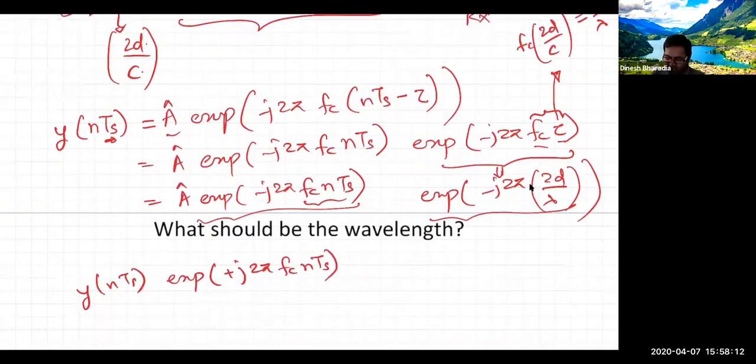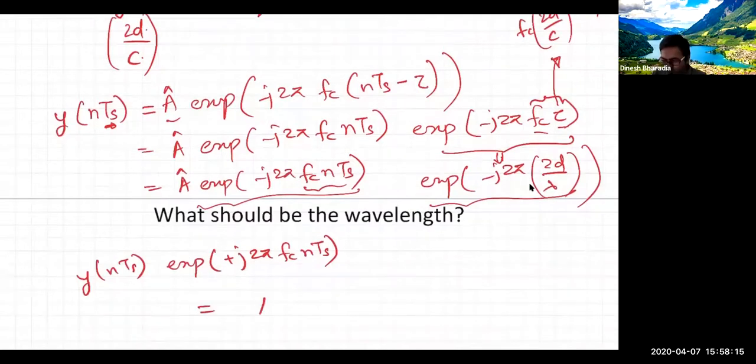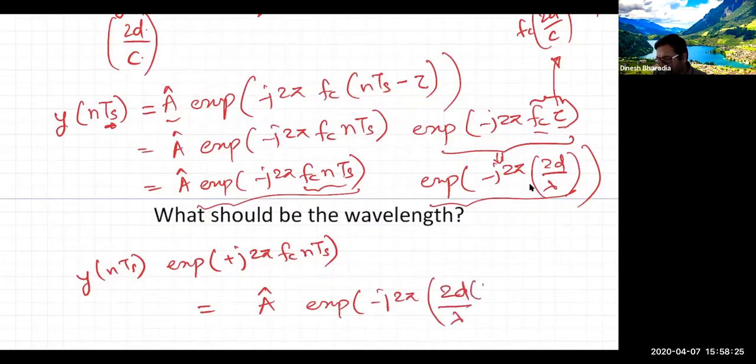That gives me the following: a hat exponent of j2 pi 2d over lambda. Now let me write this d as d of t, a function of time. Anyone has doubt about this expression?